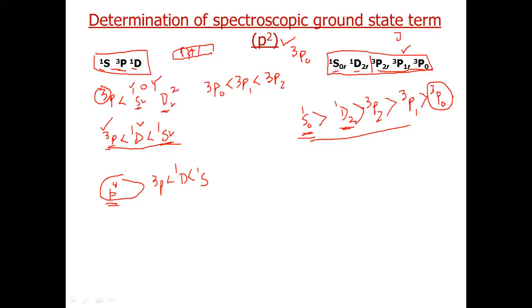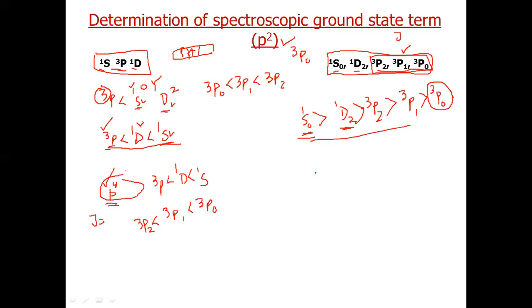Now here it will change, as the system is now more than half filled. If the system is more than half filled, then the term with the highest J value is more stable. Now the order of stability will become: 3P2 will be more stable. It will be less in energy than 3P1, which will be less in energy than 3P0.